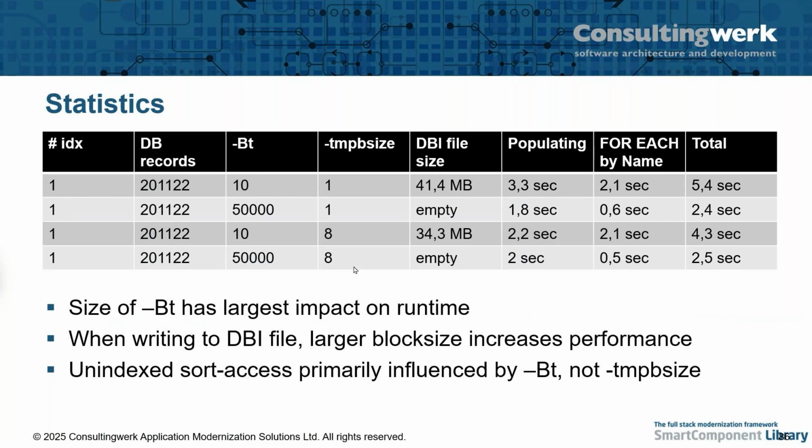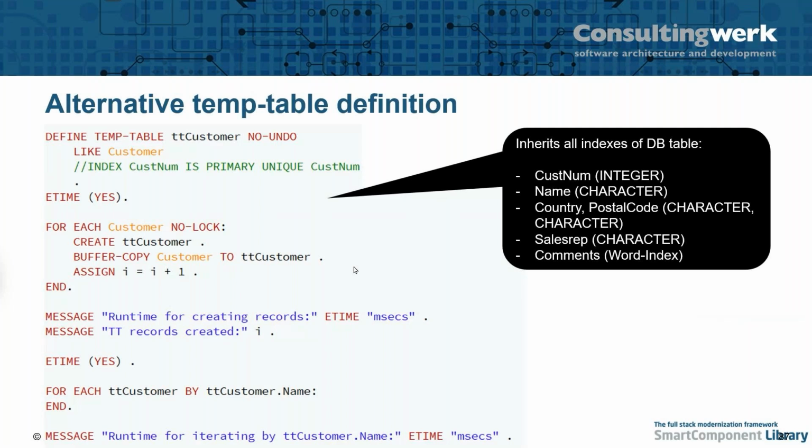But if I look then at the unindexed for each through the temp table, then we see that actually based on the -Bt, that is improving the runtime by roundabout 4 or 5 times. So that is very easy to gain if you have the memory for that.